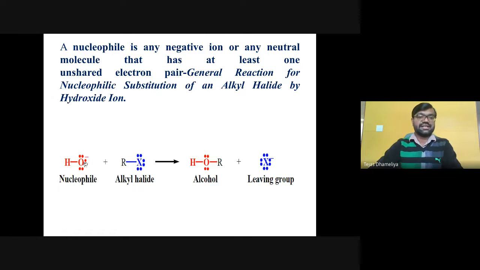In other words, you can assume the nucleophile has attacked the alkyl halide, and then alcohol is formed and the leaving group is released. So this reaction of alkyl halide and hydroxide ion is basically termed substitution.